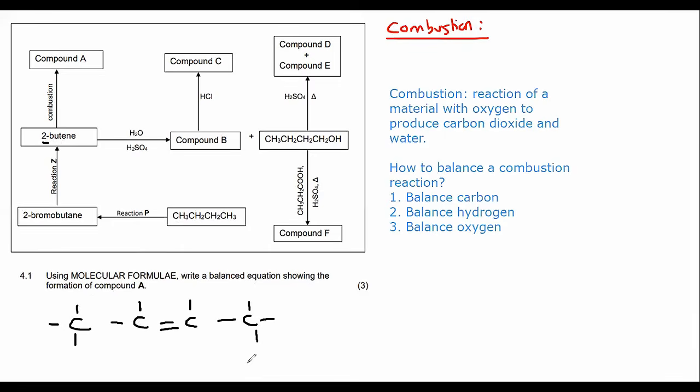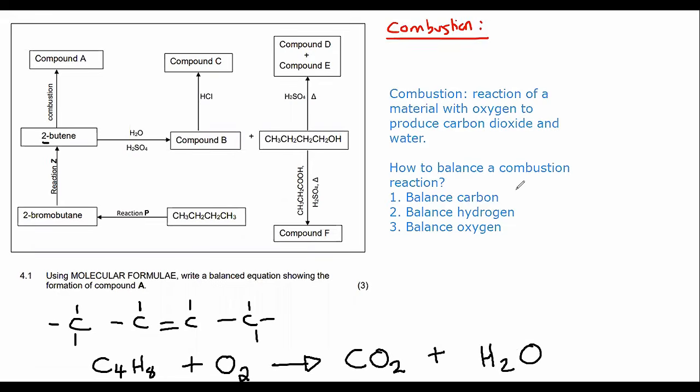So what would the molecular formula of that molecule be? Well, that would be C4, and then there should be 8 hydrogens. C4H8, 1, 2, 3, 4, 5, 6, 7, 8, plus oxygen. That is how a combustion reaction works. And we said that the products are always going to be carbon dioxide and water.